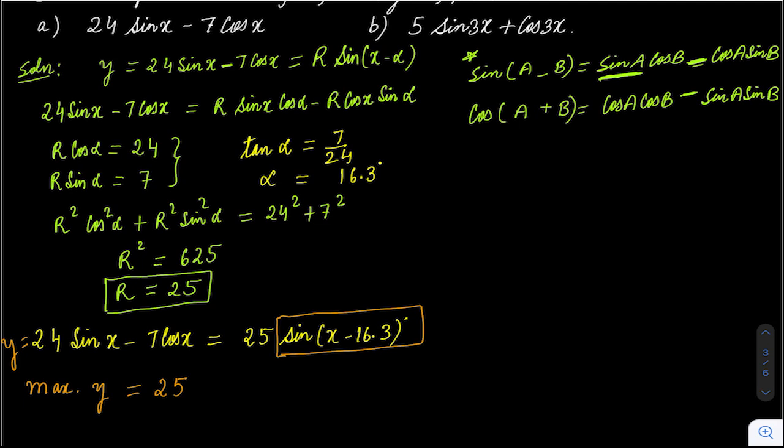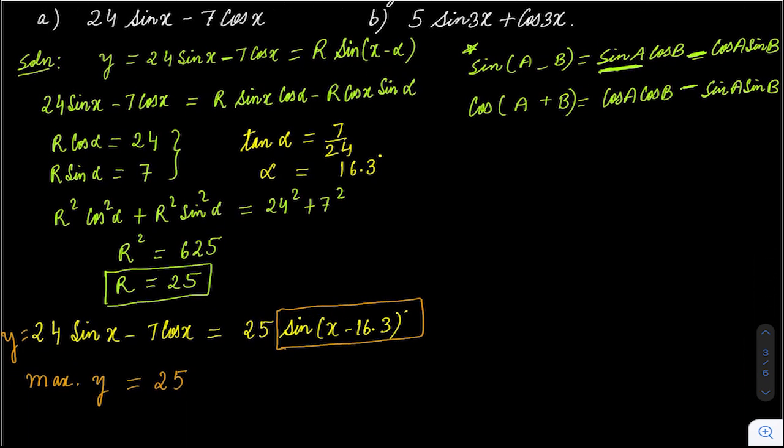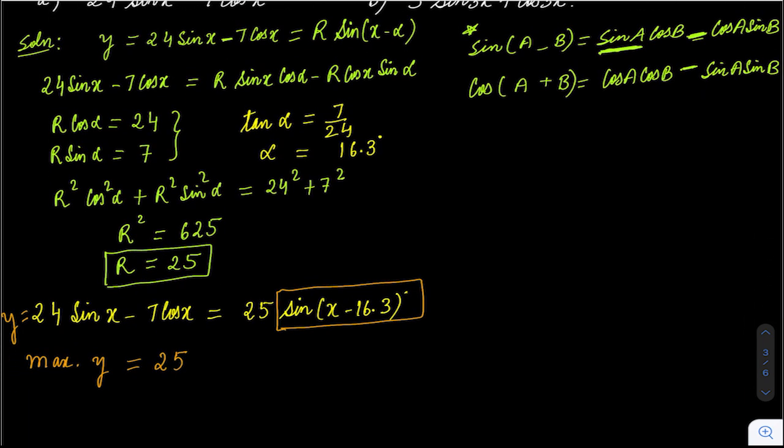Okay. That's one question. The second part they are asking is to find the value of x, that is the smallest positive value of x for which this occurs. Okay, so we know that if we draw a simple sine curve, sine is maximum, and the smallest positive value is 90 degrees. Because after that, of course, it will again come as 1, but we need the smallest positive value.